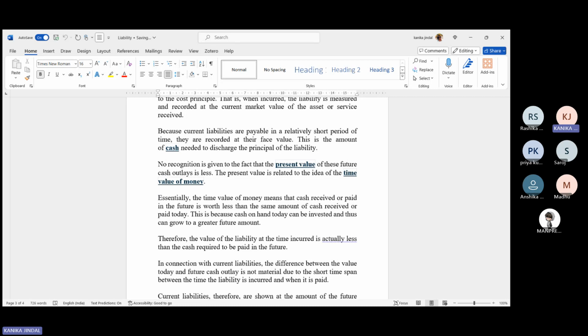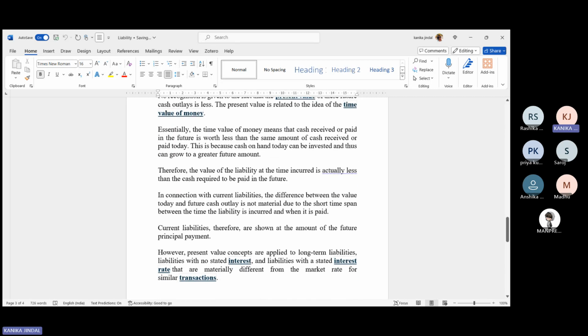This is because cash in hand today can be invested, and thus we can grow that cash to have a greater future amount. Therefore, the value of the liability at the time incurred is actually less than the cash required to be paid in the future because of the time value of money.